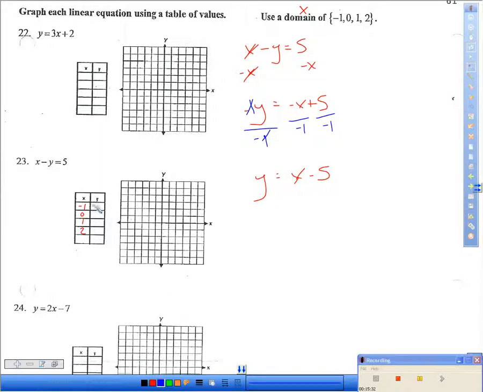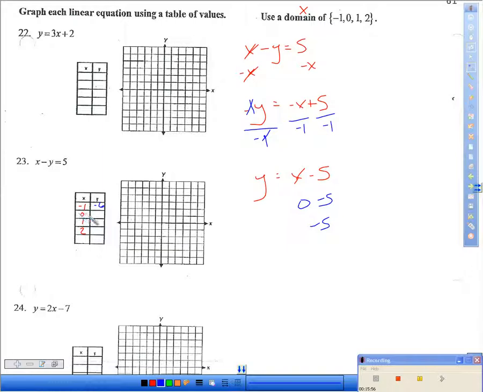Well, we know that we want to use -1 for x, so if we want to know what y is when x is -1, then we'll write -1 minus 5. Well, -1 minus 5 is -6. So when x is -1, y equals -6. Let's do the same thing for 0. Instead of x minus 5, we'll do 0 minus 5. 0 minus 5 is -5.